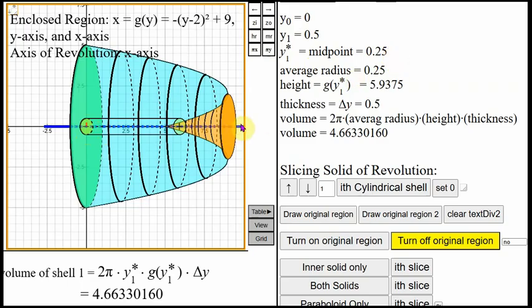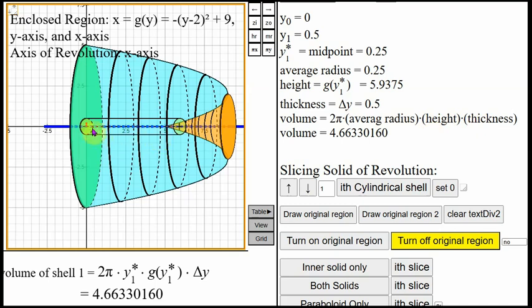Because the axis of revolution is the x-axis, the average radius is also going to be the midpoint, which is 0.25. So the average radius is just the point right in the middle of the shell. To get the volume for this shell, we need the average radius, we need the height, and we also need the thickness.